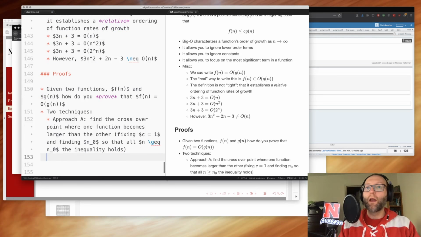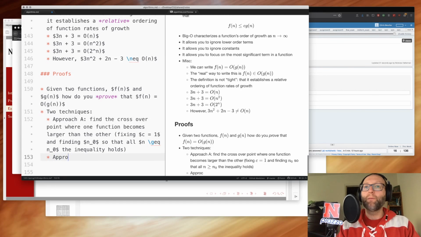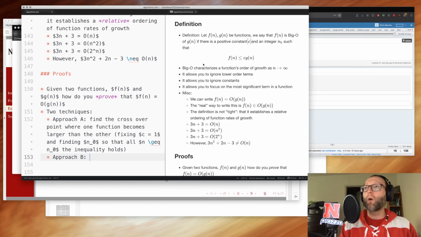Approach B, I'll save the notes for next time, is fixing c and then finding n naught, just the opposite. We're going to fix n naught and find a c that works, such that this inequality up here holds.